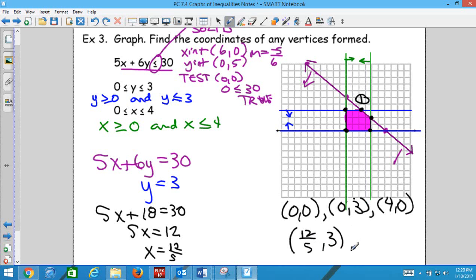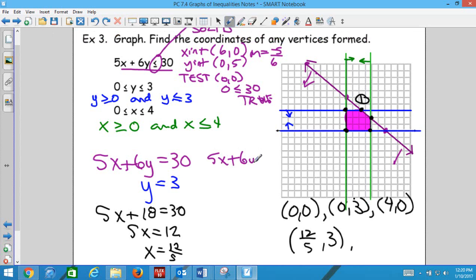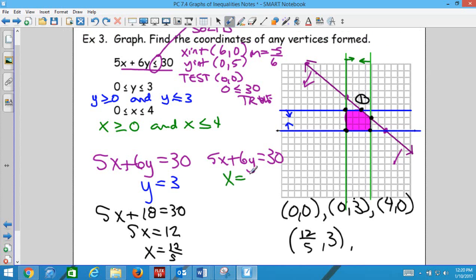So we'll do the same thing again with the other intersection. We're going to find the intersection between the purple line and one of my green lines. So my green line that I'm trying to find the intersection between is when x is 4.